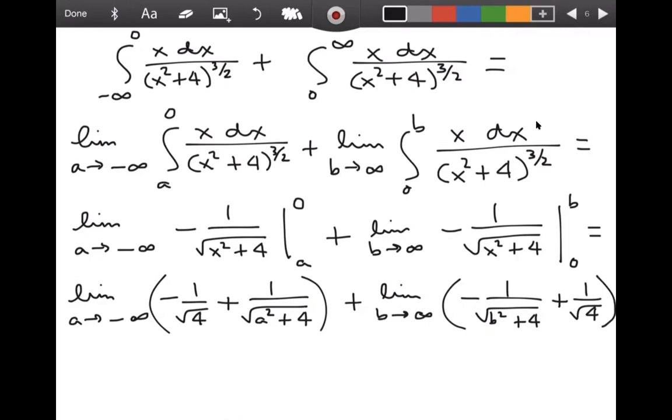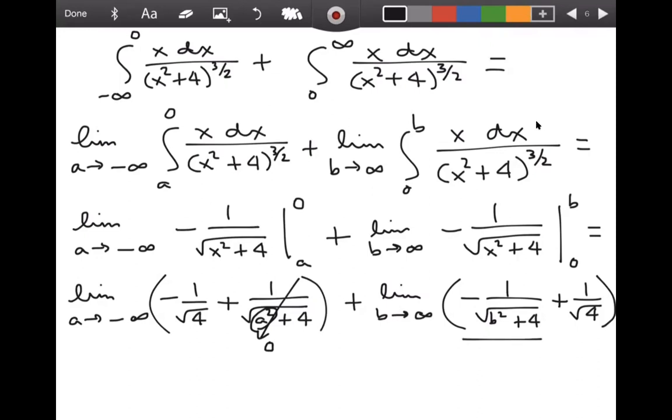As a approaches negative infinity, a squared increases without bound. It's a positive number. So that denominator is going off to infinity, and it's making this term go to 0. And the same thing over here.